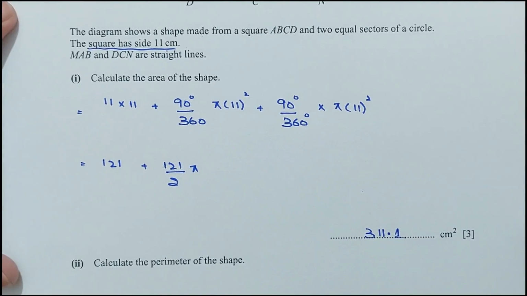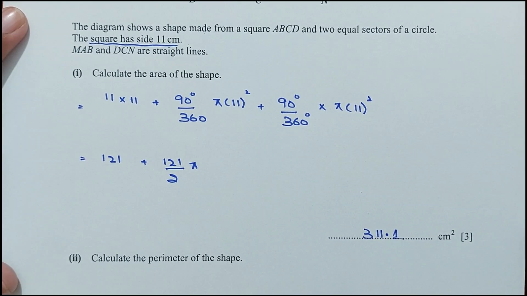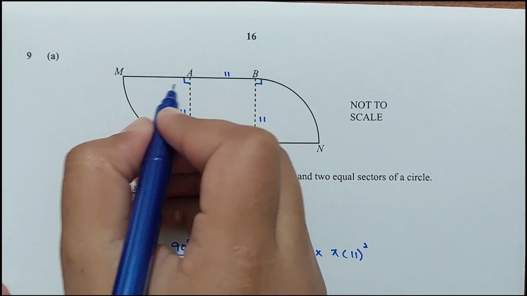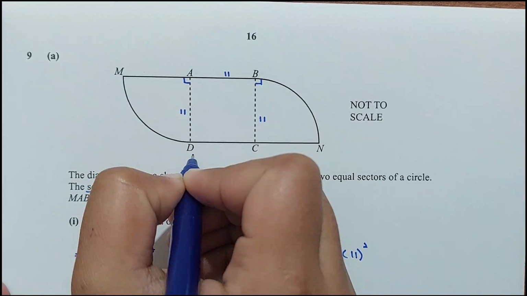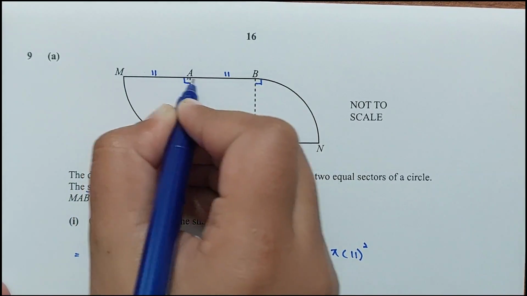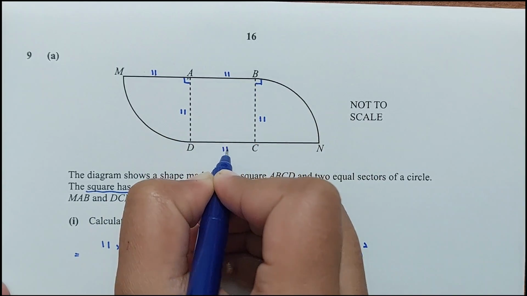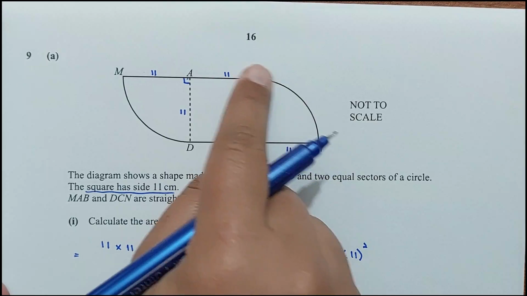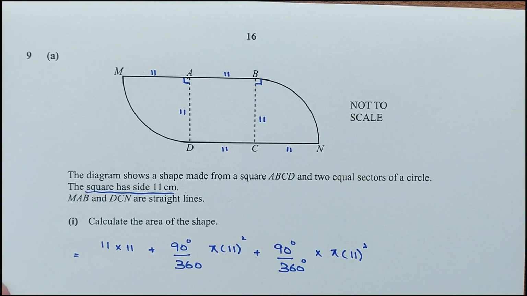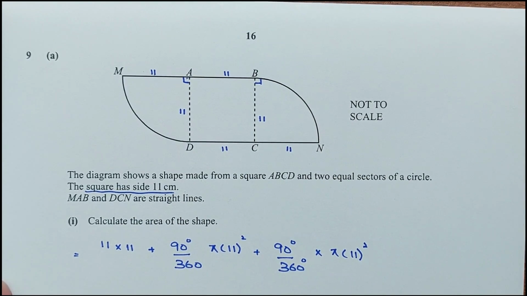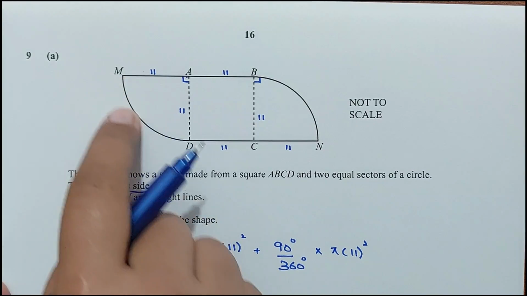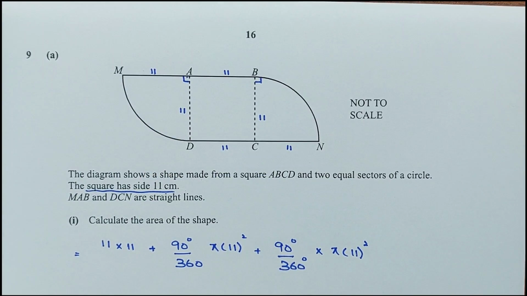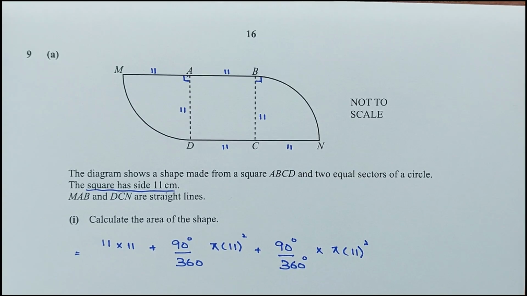Now for the second part, calculate the perimeter of the shape. So the perimeter of the shape is AD and AM. This is 11, this is 11 and this is 11. We have to find what DM and BN are. Both are sectors of a circle, two equal sectors, so basically we have to find the arc length. Arc length has a formula theta over 360 times 2 pi r.